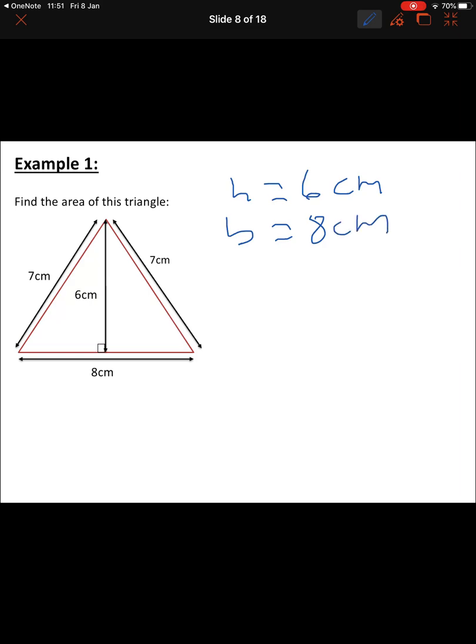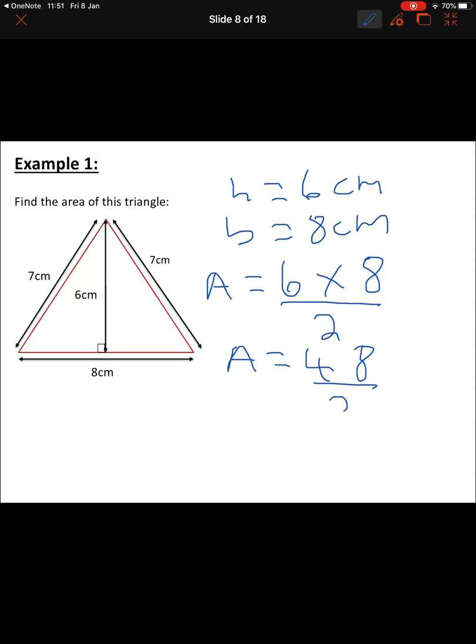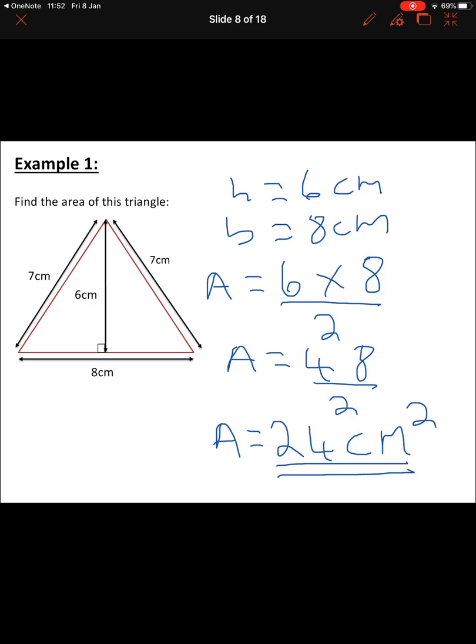So my base is going to be 8. So therefore my area is going to be 6 multiplied by 8, base times height, and then you divide that by 2. So 6 times 8 is 48, and when you divide that by 2, you should get 24 centimetres squared, okay? Let's not forget the units.